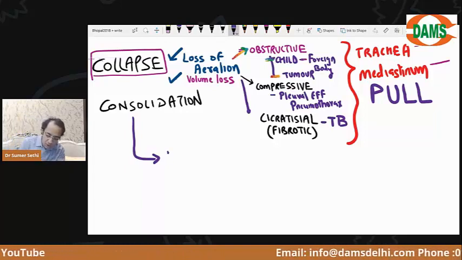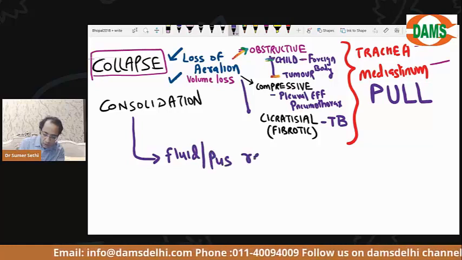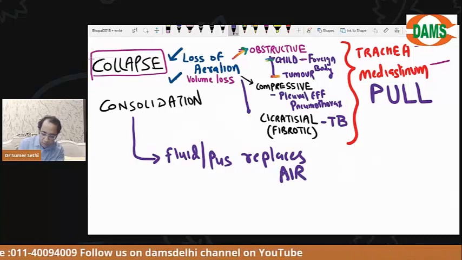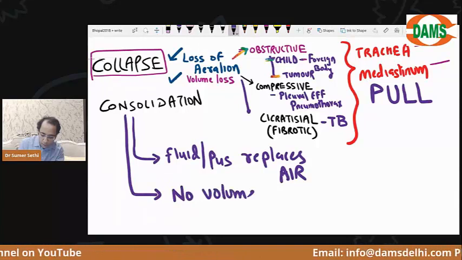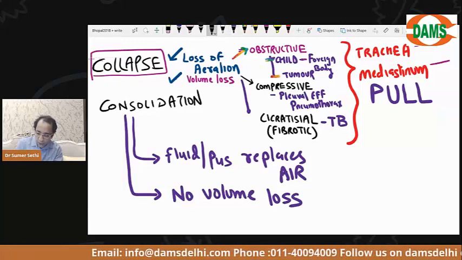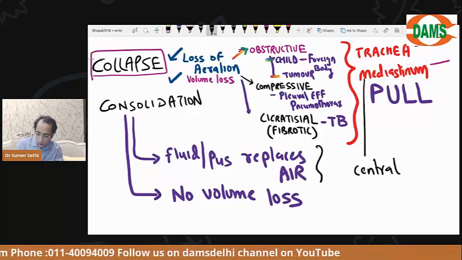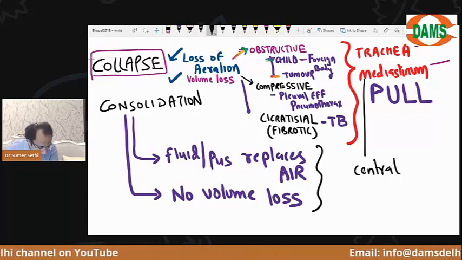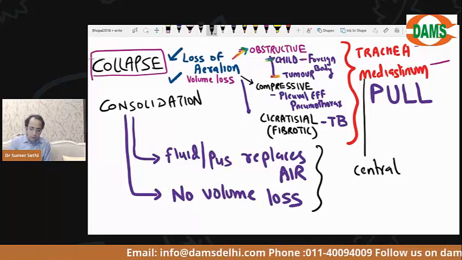So consolidation is when things like fluid or pus replace the air in the lung. Again, it will be white, but there will be no volume loss. So the trachea and mediastinum will remain central. They will not be pulled or pushed. Everybody understands? Are you clear? Okay.